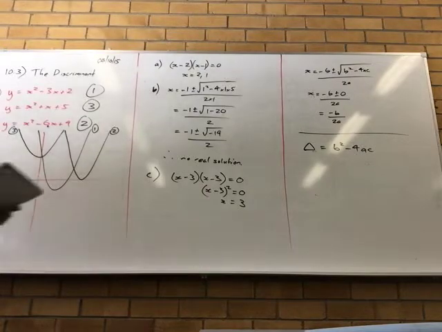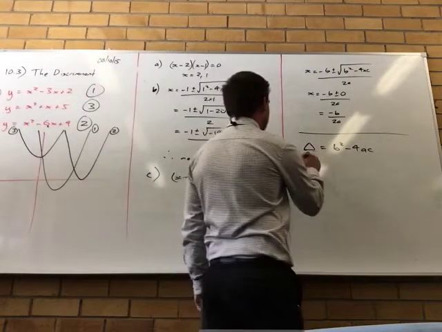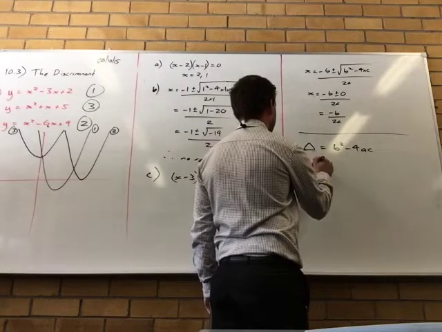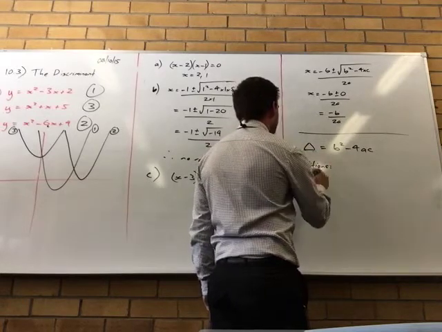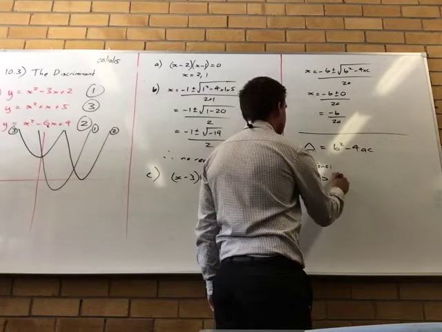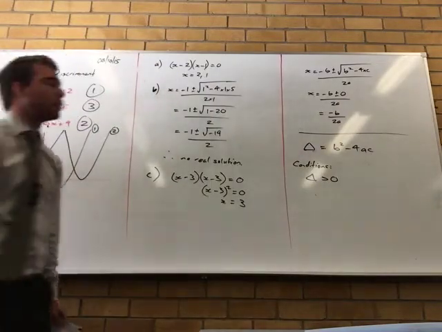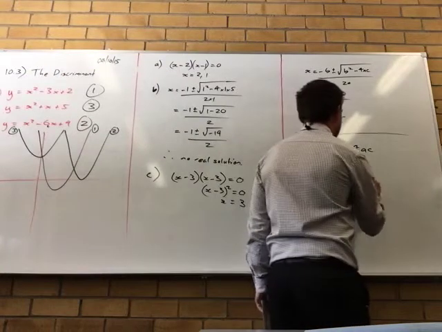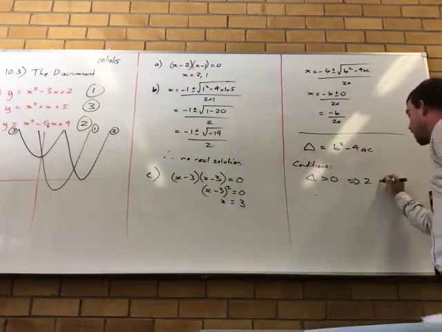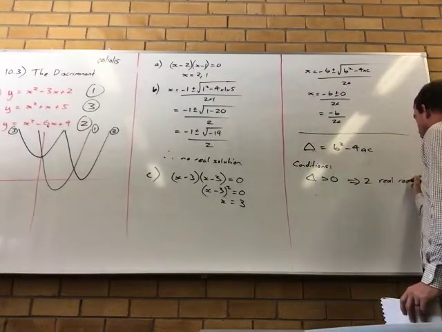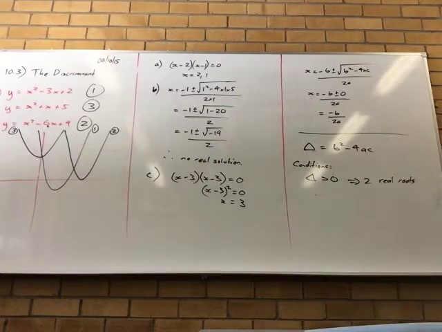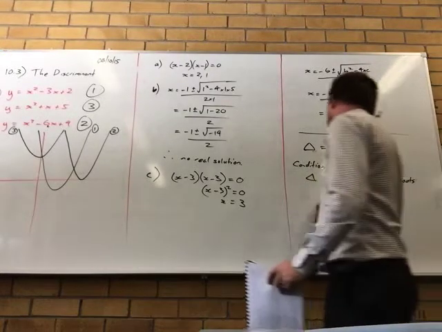Okay, so the conditions are all in your notes as well. If the discriminant is greater than 0, so if b squared take away 4ac is greater than 0, we have two real roots.